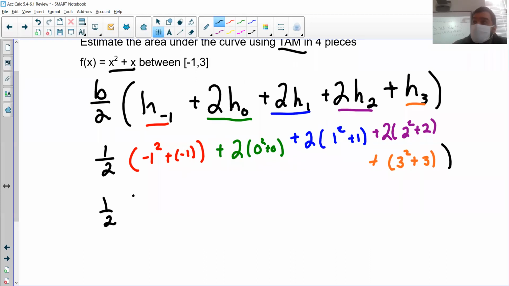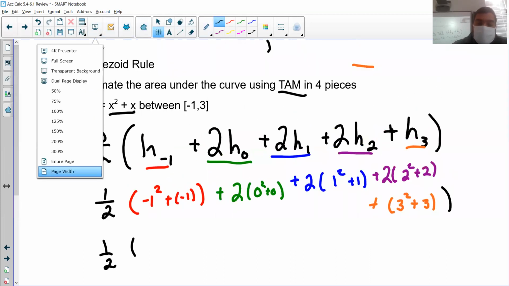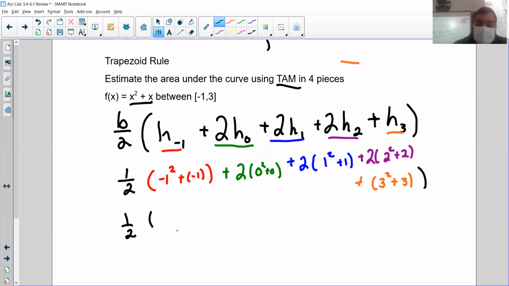1/2. This is 1 minus 1, so that's 0, plus 0, plus 2 times 2 is 4, plus 4 plus 2 is 6, 6 times 2 is 12, plus 9 plus 3 is also 12.